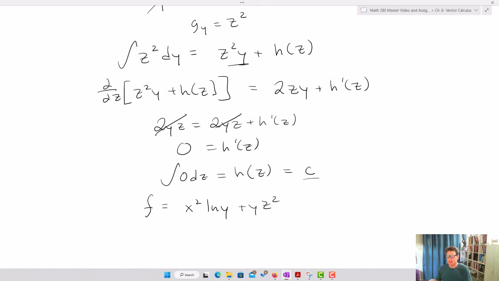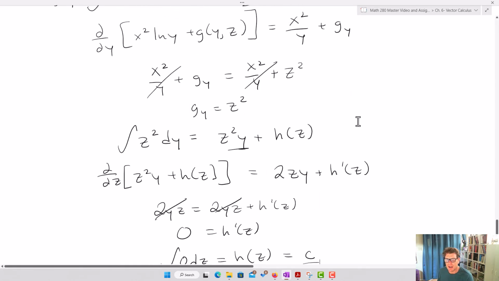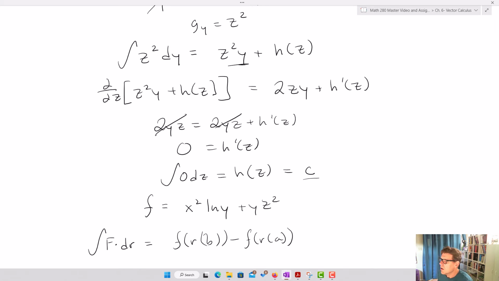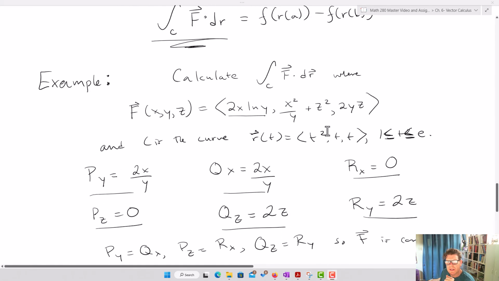The reason why this is cool is because now I actually know that the integral of F dot dr is going to equal f of r of b minus f of r of a. So we know that here is our parametrization, t², t, and t is greater than or equal to 1, less than or equal to e.